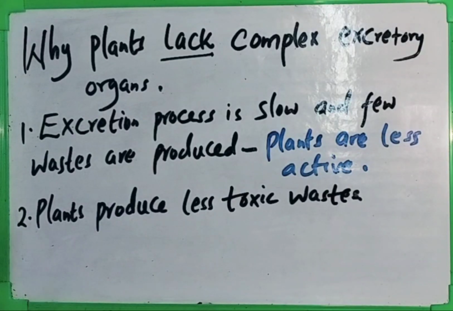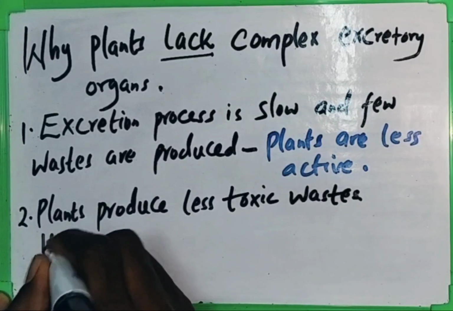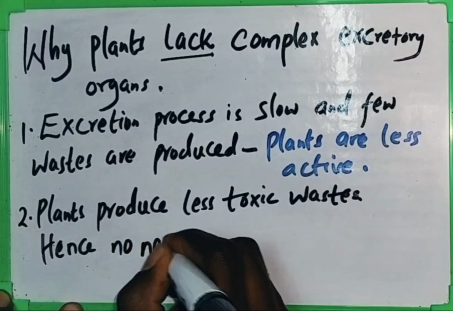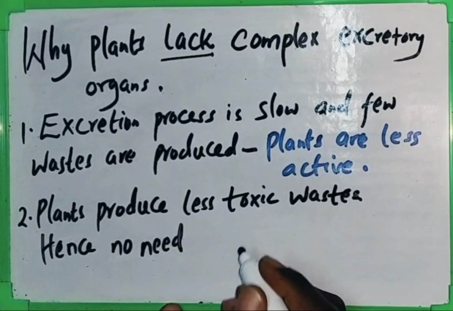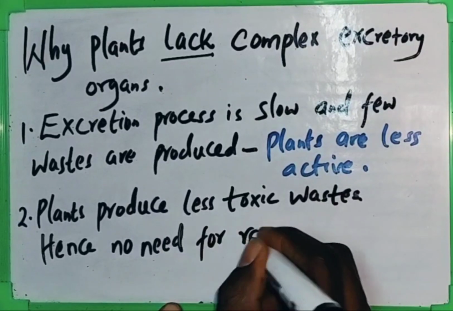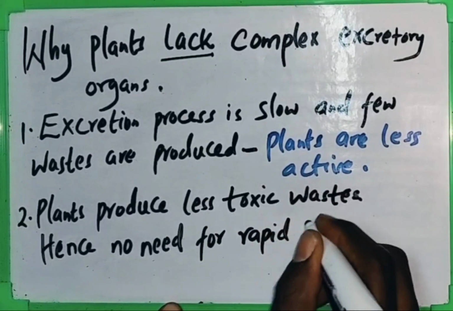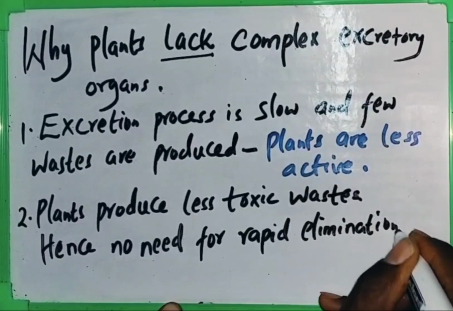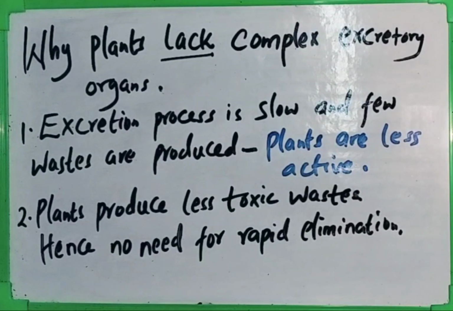Oxygen is not that toxic, and so there is no need. Hence, we can complete this statement: hence, no need for rapid elimination. So they produce less toxic wastes, hence no need for rapid elimination.